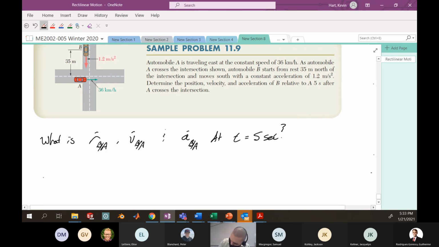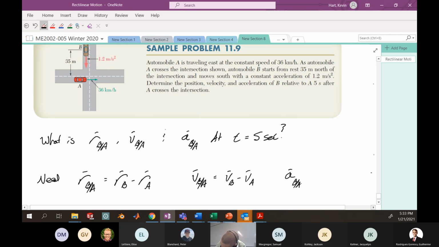So we need this RBA, which is something like the position of B minus the position of A. We also need VBA, which is the velocity of B minus the velocity of A. Most of my work in this problem is going to be defining what those values on the right-hand side are.